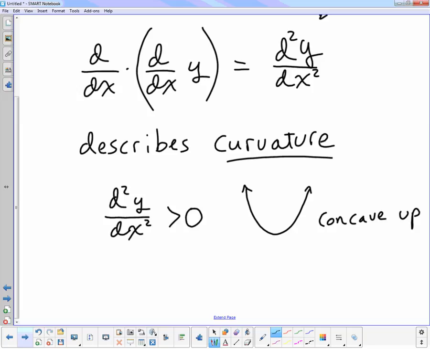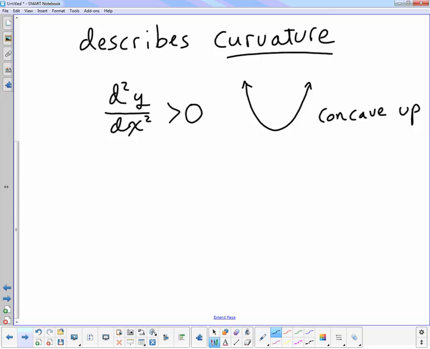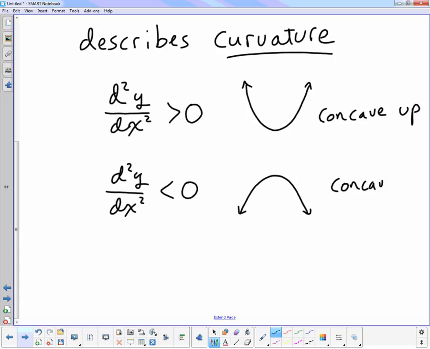If I am negative, then I am concave down. So if I'm concave up and I'm at an extrema, I know that I'm dealing with a minimum value.